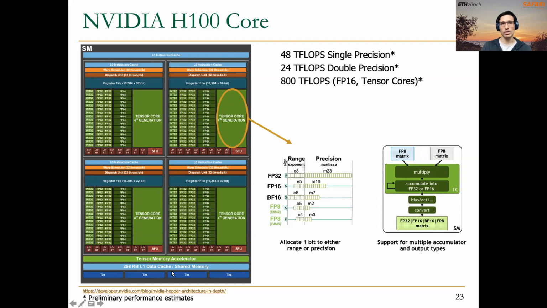It's possible for programmers to partition them and decide how much of these 256 kilobytes they want to use as L1 data cache, which is hardware managed, transparently managed. It doesn't need to have any programmer intervention, or the shared memory that is the scratchpad or software managed cache. We can also see here the register file. It's a pretty large register file here and here, with a total of 64K 32-bit registers.